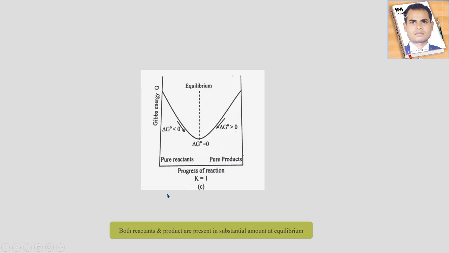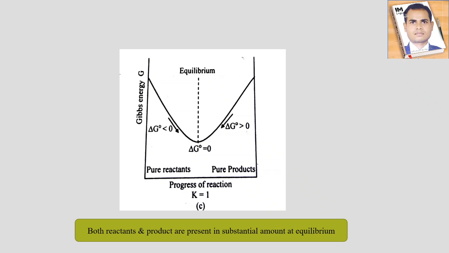Now for the third condition, you will see Gibbs free energy on the y-axis and progress of reaction on the x-axis. Here K is equal to 1, so the equilibrium will be exactly at the center. Here the Gibbs free energy will be 0, pure reactant and pure product.